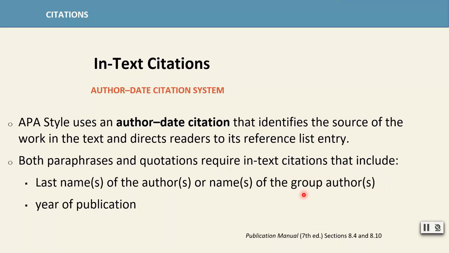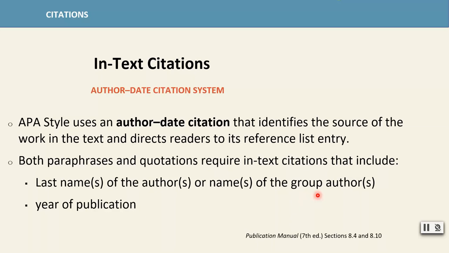Or perhaps you're using a publication from the American Psychological Association, and there's no author. Well, the group, the APA, would be your group author. So there's always a type of author that you're using. And if there isn't an author of any sort, you might consider using another source.